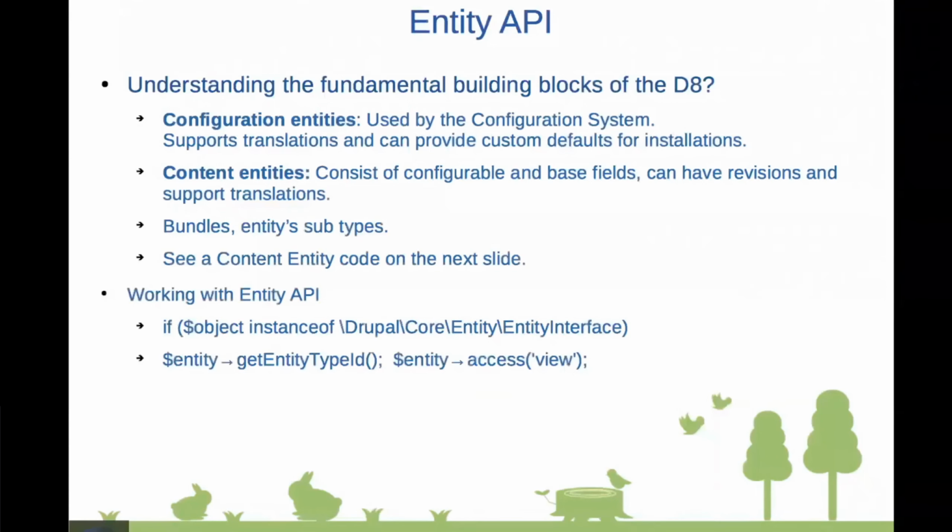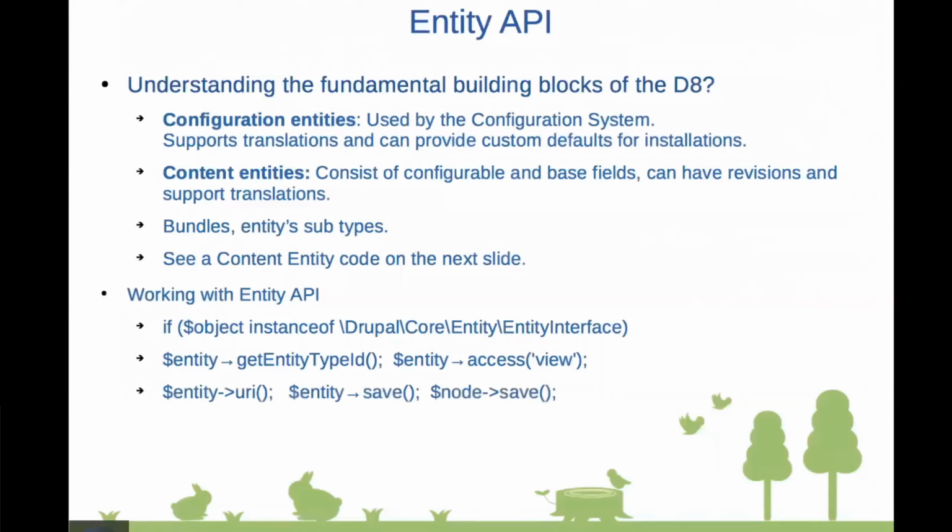Here's something you will be asked, given some code like this one: how to check whether this object is an instance of the entity. So you have to use something like that: get entity type, access, entity URL, entity save. The entity save is mostly for the content type, it should be node save.